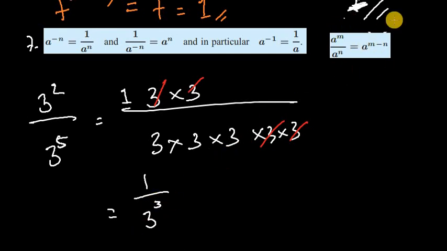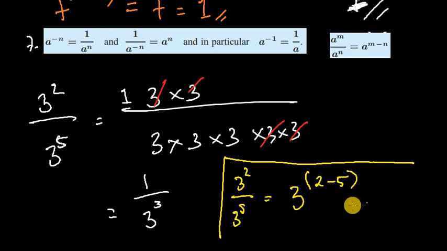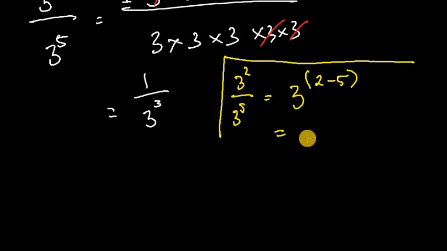But how can we use rule number 2 to help us? If we use rule number 2, our calculation will be 3 squared over 3 to the power of 5 equals 3 to the power of 2 minus 5. 2 minus 5 is negative 3, which equals 3 to the power of negative 3.